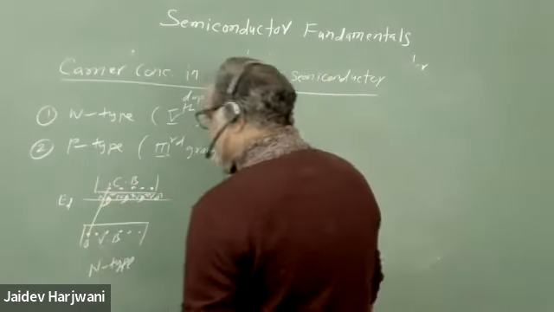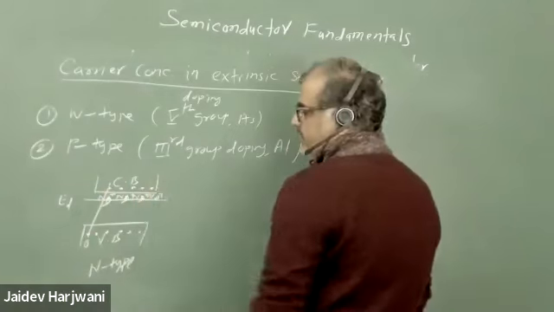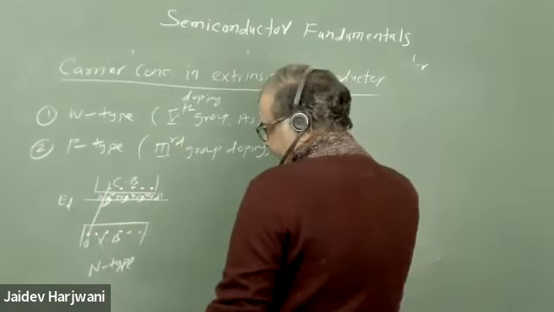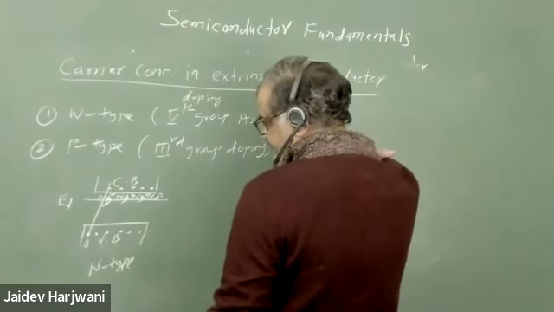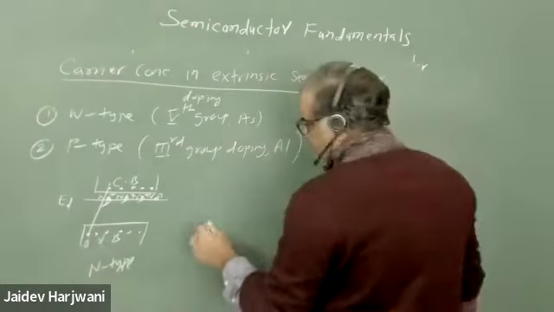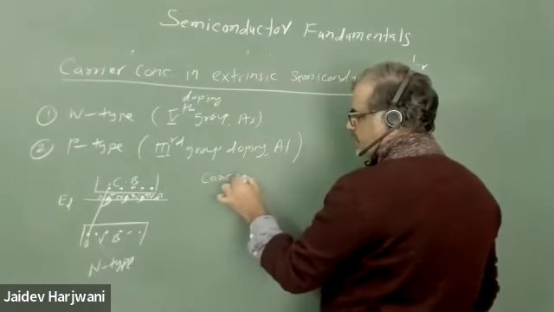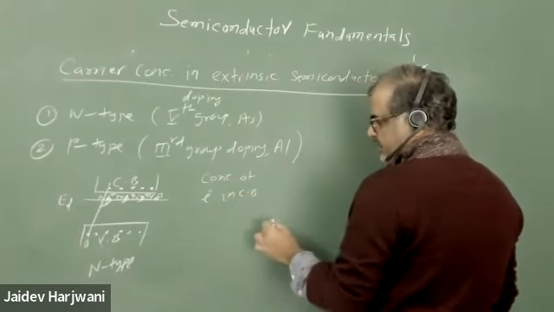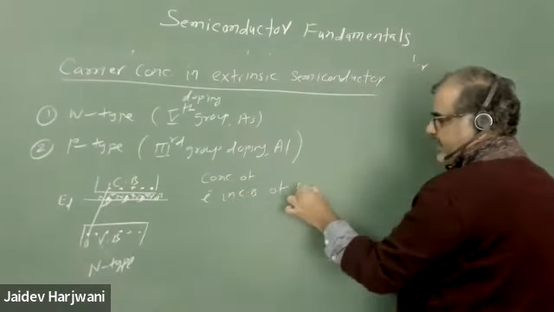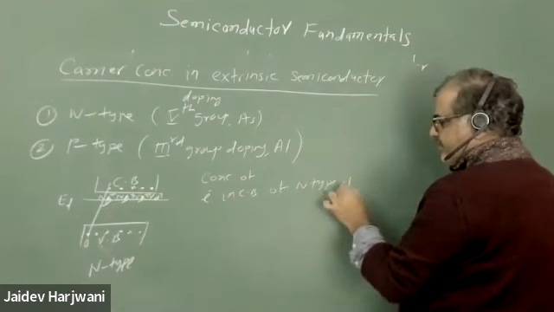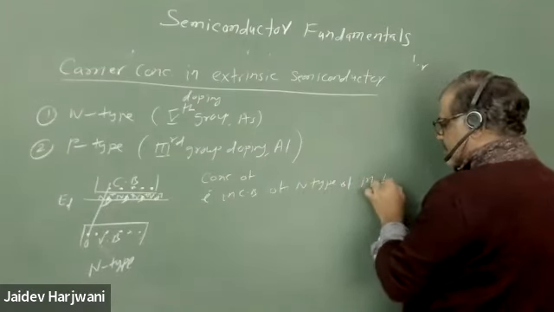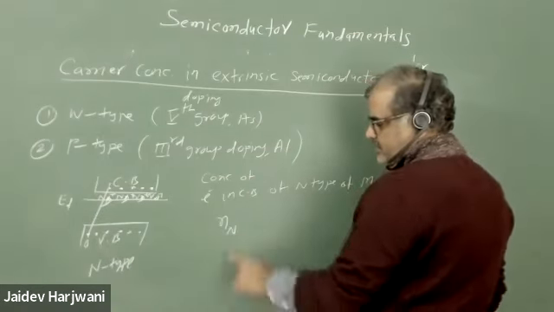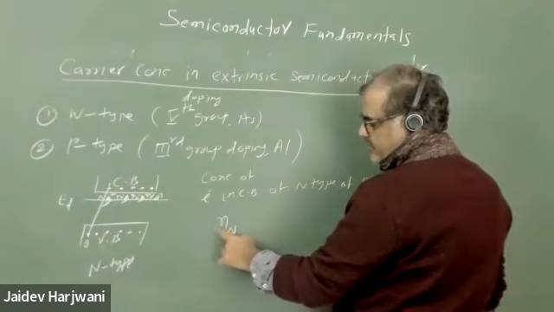So if I want to write what is my carrier concentration in the conduction band, okay, so number of charge carriers n, so n is simply what? So I can write the concentration of electron in conduction band of n type material, okay, I will write this as nn. n is the concentration of electron in conduction band.